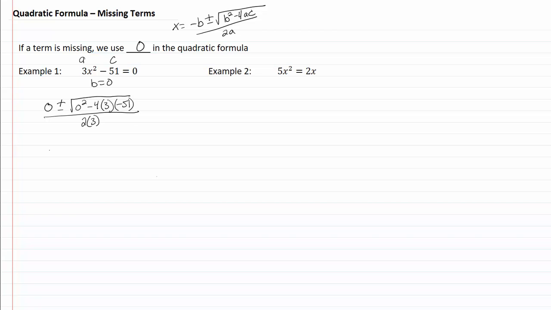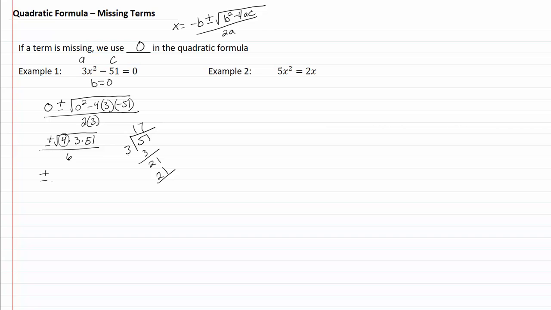So that means we've got plus or minus the square root. So 51 is divisible by 3. 3 goes into 5 one time. So we've got 3 times 17.